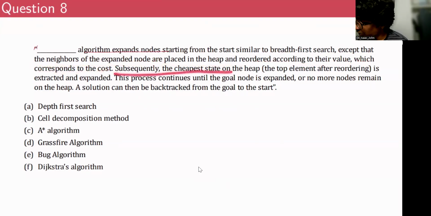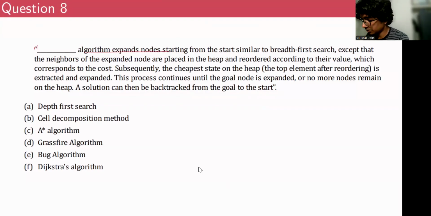Subsequently, the cheapest state on the heap, the top of the element after reordering, is extracted and expanded. This process continues until the goal node is expanded or no more nodes remain on the heap. A solution can then be backtracked from the goal to start. This is exactly what we did in the previous question, right? So this is basically a description of what we did in the previous exam.